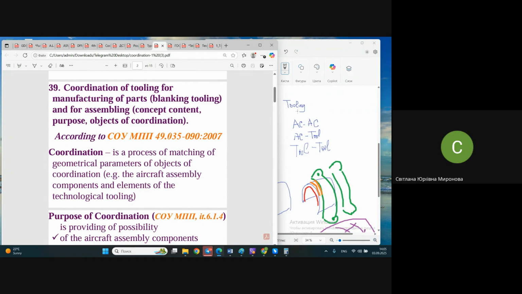Tooling each some years you need to change in a shop. But the tooling that comes as new in the shop should be completely of the same sizes and shapes as the previous tooling. What for? To provide interchangeability of objects that you make in manufacturing. Not even coordination, but at least interchangeability.